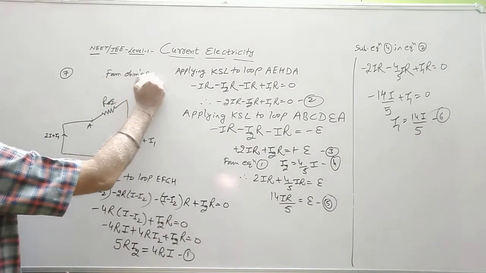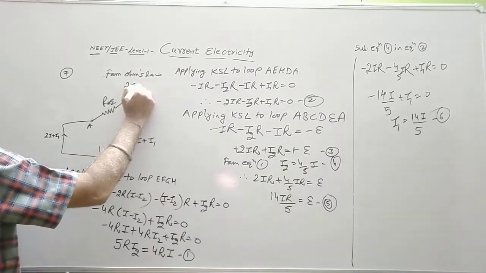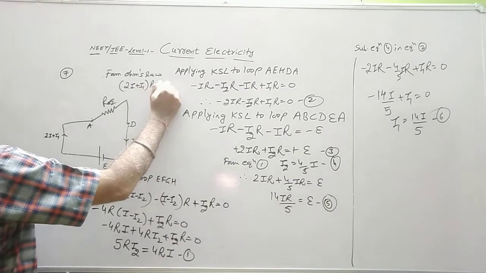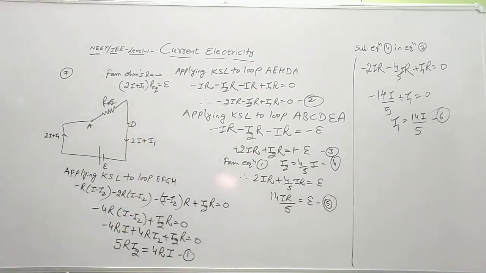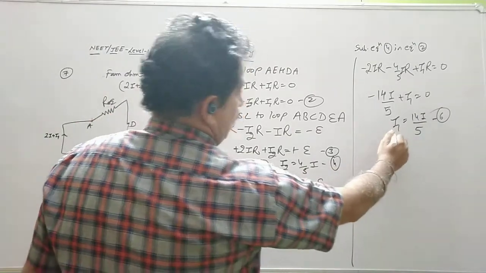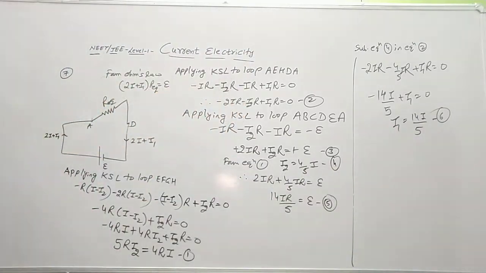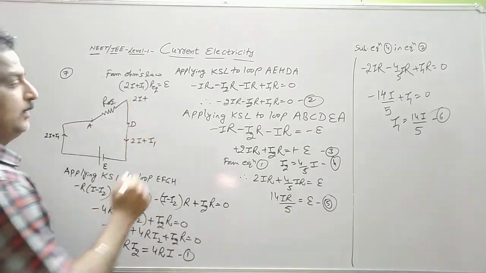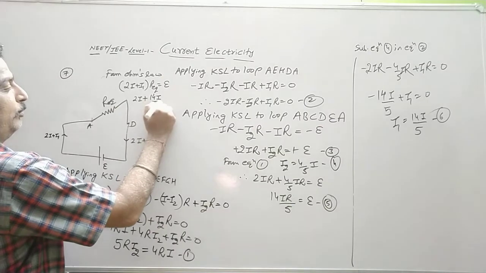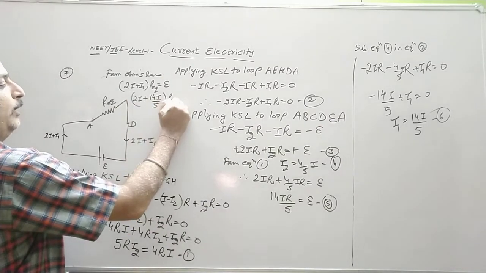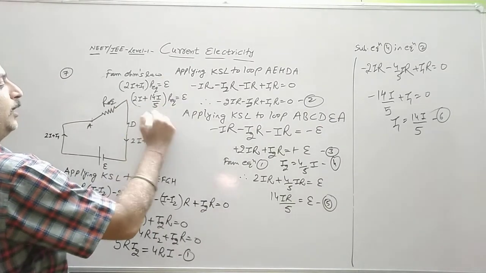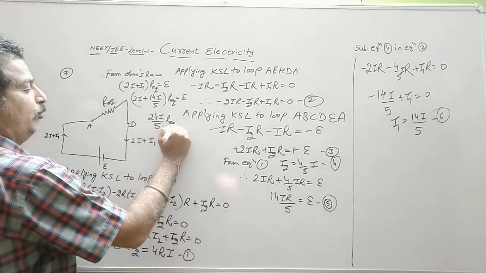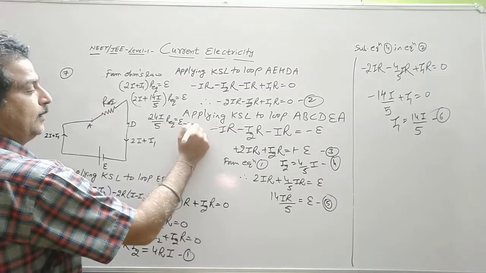So from Ohm's law, 2I plus I1, R equivalent is equal to E. Now what is I1? Use equation number 6. So 2I plus I1 can be written as 14I upon 5. R equivalent is equal to E. So it becomes 24I upon 5, R equivalent is equal to E. Let us say this is equation 7.